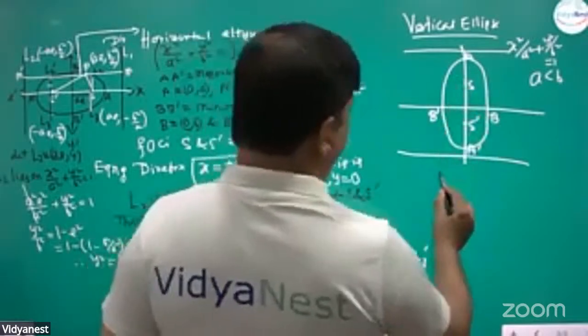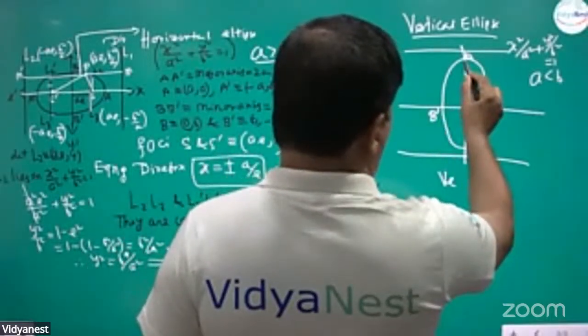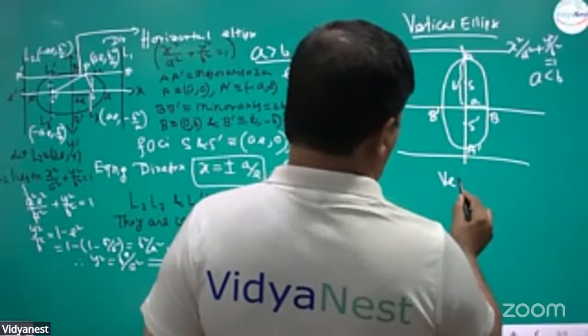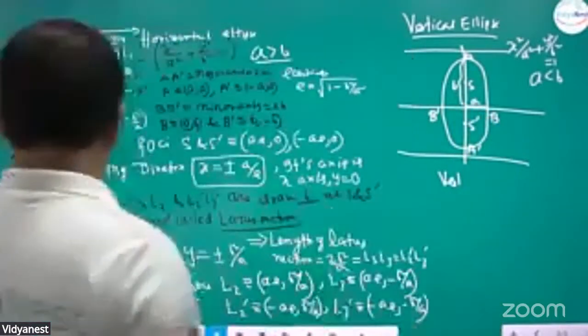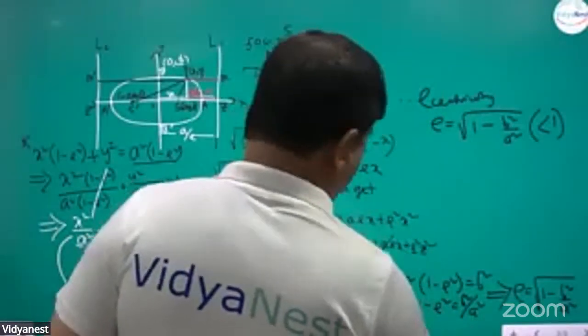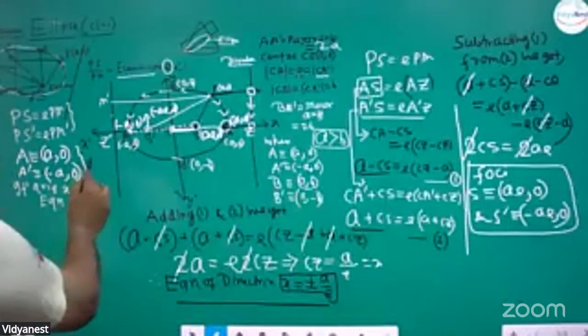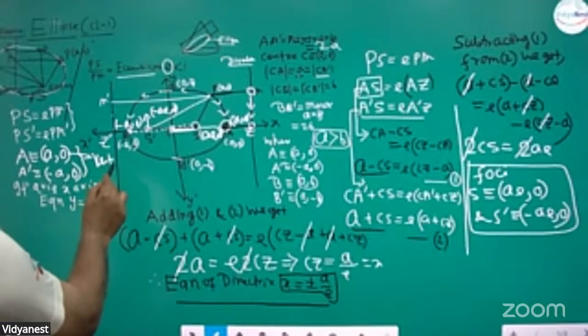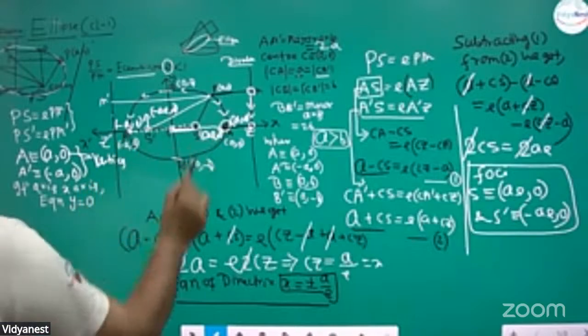Vertices means the bigger part is B and the smaller part is A. These are called vertices.